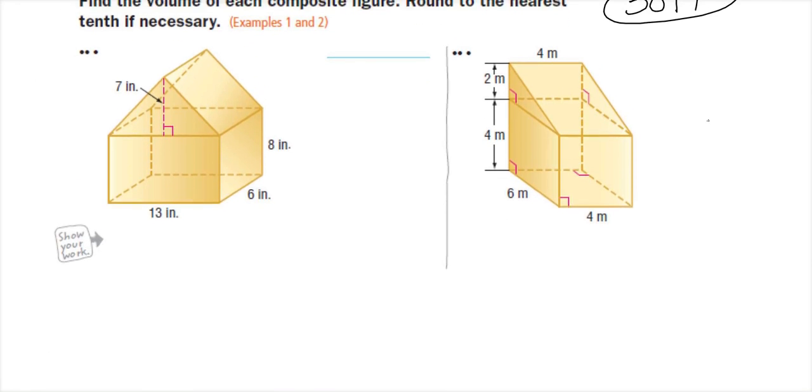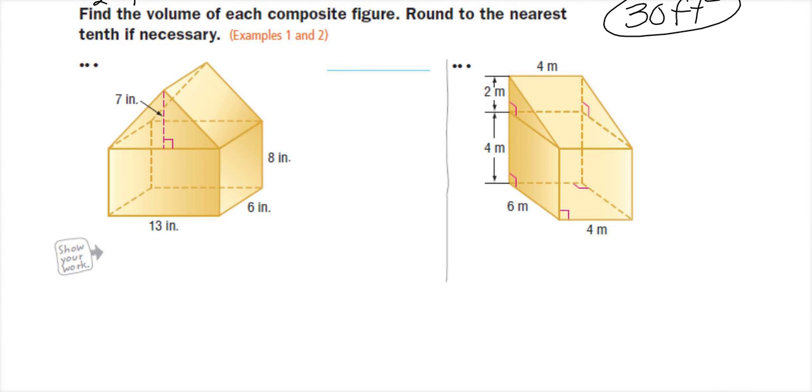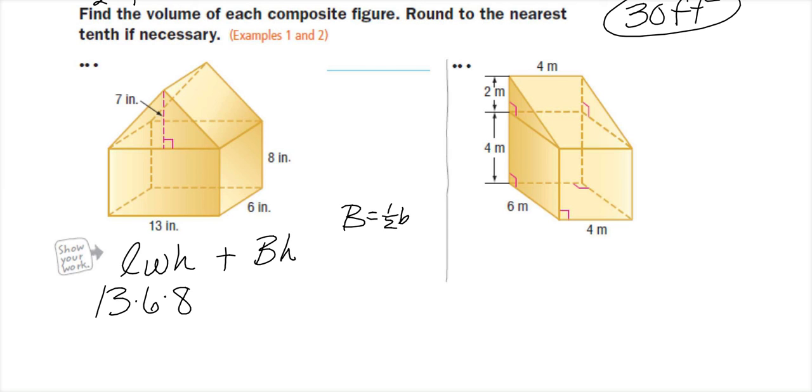Okay, let's go ahead and do this. We're going to find the volume of these, okay? So first let's start with the little box here. So we're going to do length times width times height. So that would be 13 times 6 times 8 plus, and then we have capital BH. Okay, so B would represent 1/2 base times height.